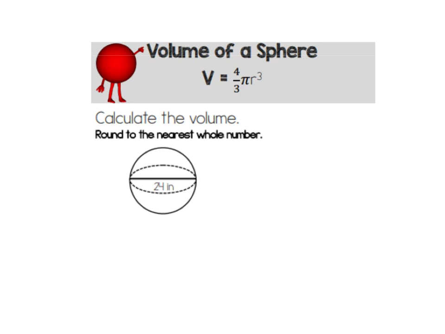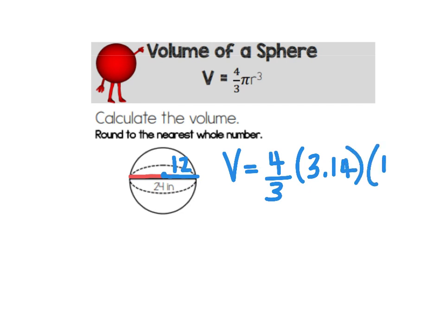They're giving us the diameter here. 24 is the diameter, which means the radius, from the center to the edge, would be 12. So the volume equals 4/3 times pi, 3.14, times the radius, which is 12, cubed.